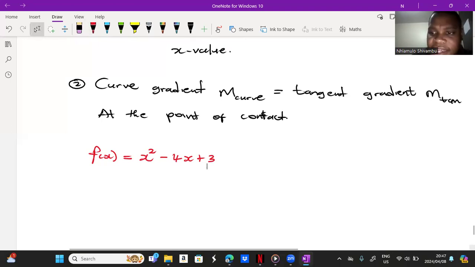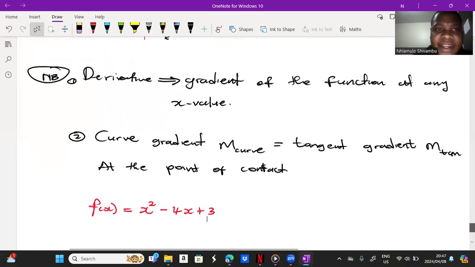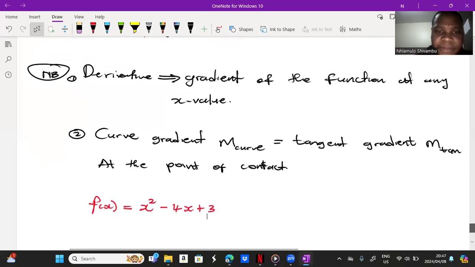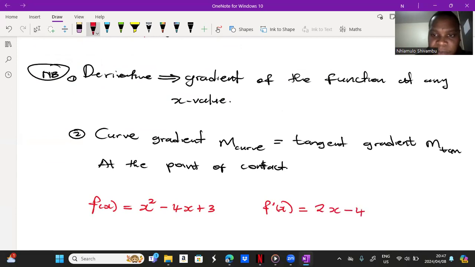Remember, we said that the gradient of the curve is the derivative, the first derivative. So because we have got f of x, we're going to get the gradient of the curve as f prime of x, and then we're going to use the power rule. So the derivative of x squared minus 4x plus 3 will give us 2x minus 4. So this is the derivative of the function f of x.